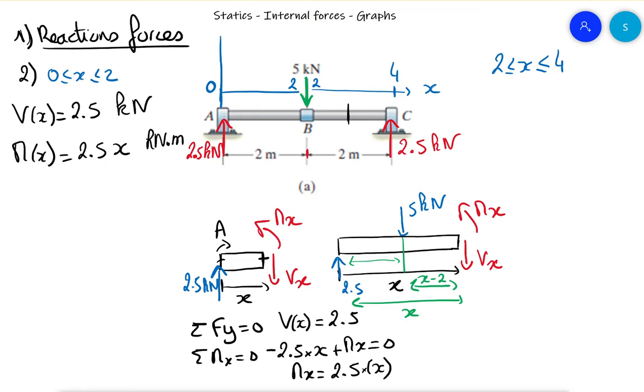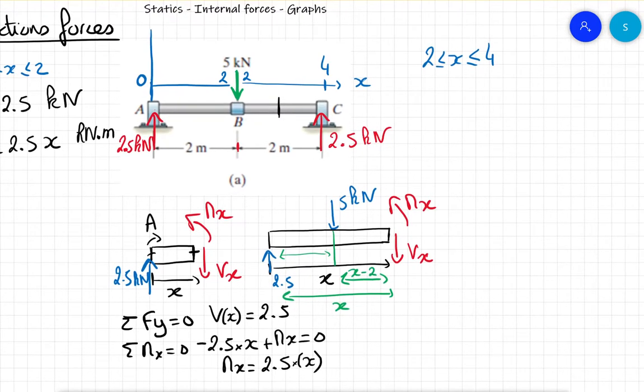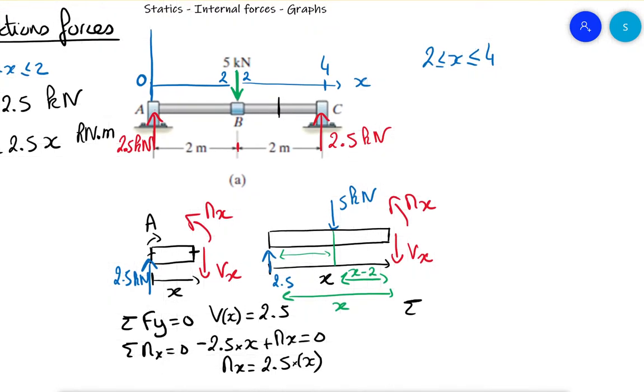Now let's solve for the forces. Sum of the forces on y is equal to 0. It gives us 2.5 minus 5 minus Vx equal to 0. So V of x is equal to 2.5 minus 5, so it's equal to minus 2.5.